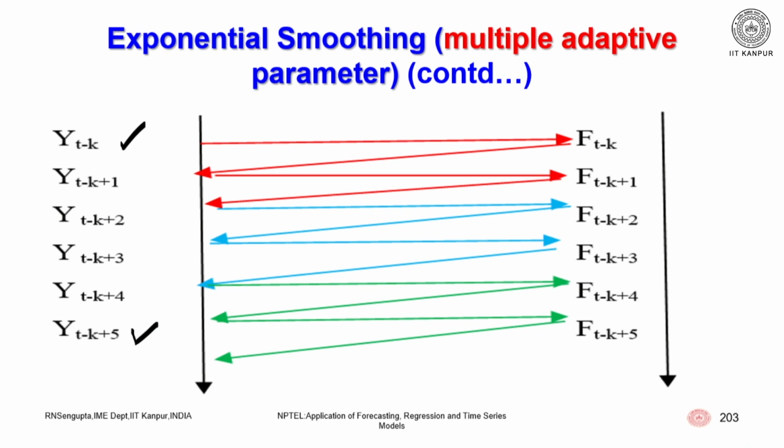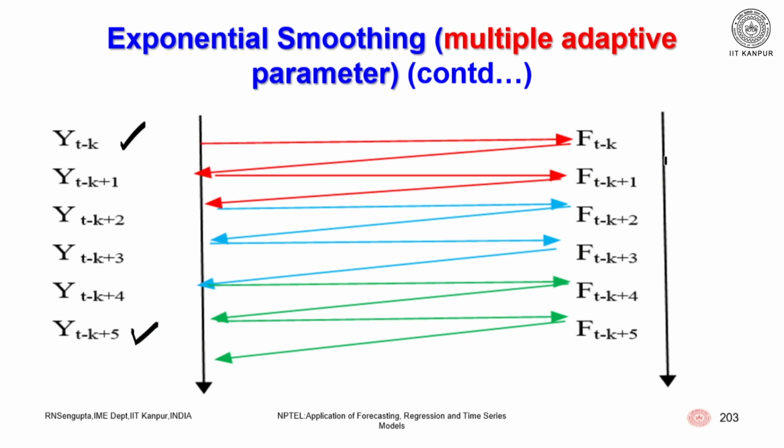Corresponding to each y, you have the f, which is written on the right hand side, again vertically. So, the forecasted value for y t minus k is f t minus k. Similarly, the forecasted value for y t minus k plus 2 is given by f t minus k plus 2. Similarly, the forecasted value for y t minus k plus 5 is given by f t minus k plus 5.